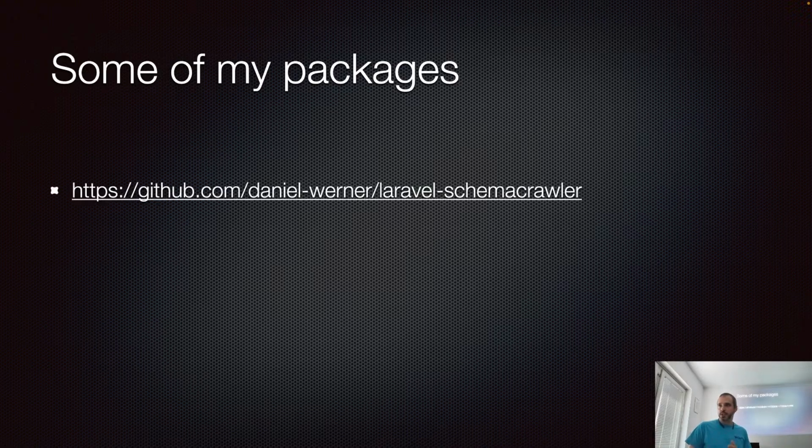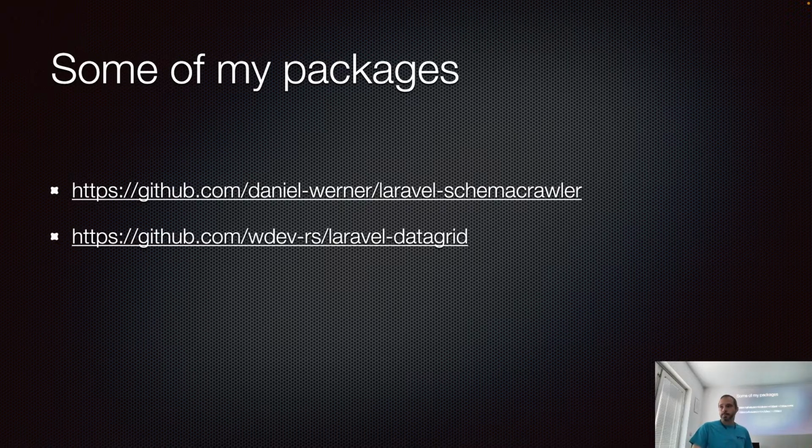And I will just show you some of my packages. So this is the Laravel schema crawler, which can generate an ER diagram from the database. When you don't have models or that stuff, then it can generate it from the database itself. Or I have Laravel data grid. This is basically an admin panel list tool.